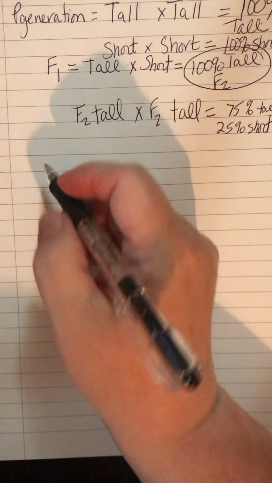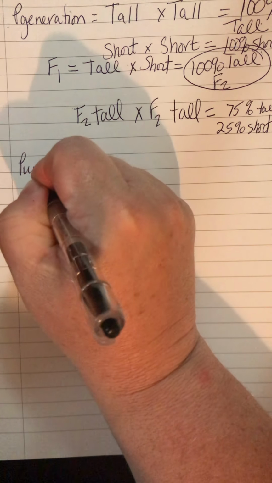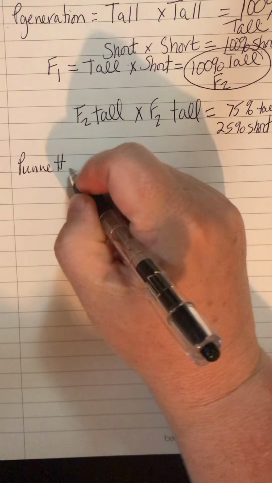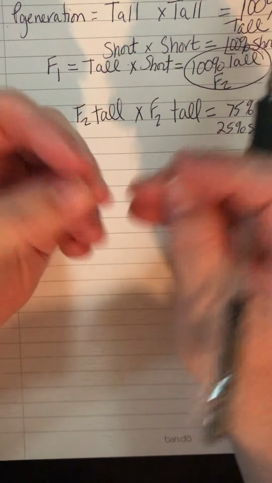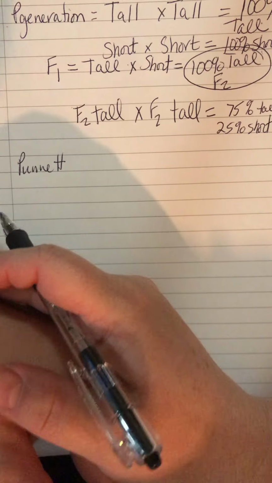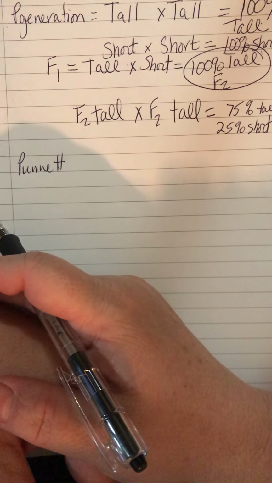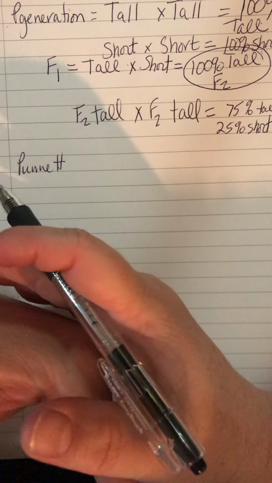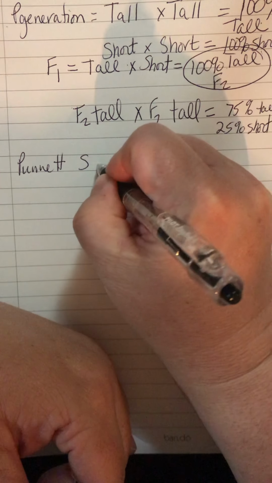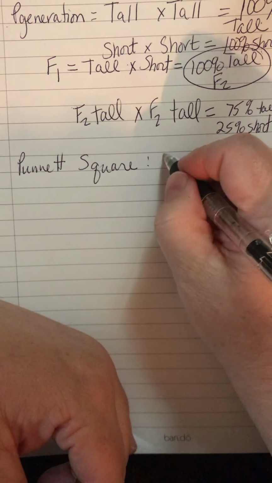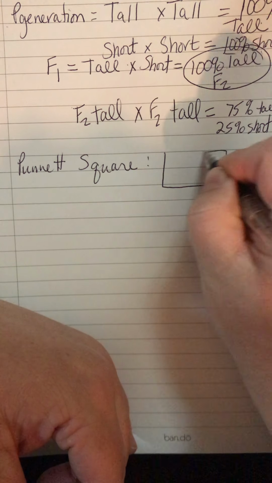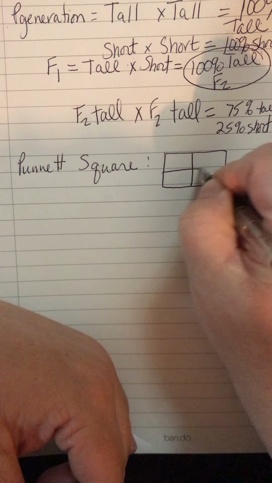Okay, so the Punnett Square is almost like a fortune teller. Like, you know that little thing you open and close and open and close, and it tells you your fortune? This is like the same thing. It's like probability. Okay, Punnett Square. So a Punnett Square, really quickly, has 4 sections.